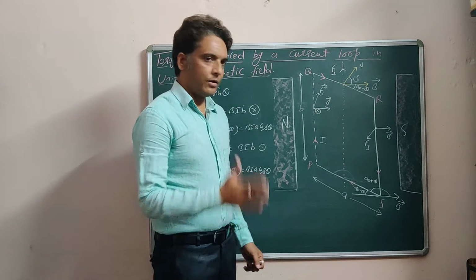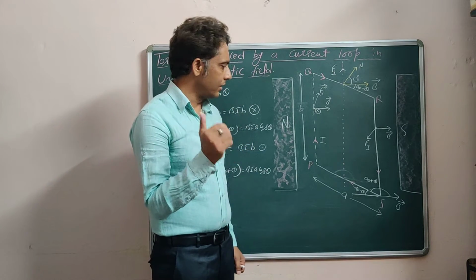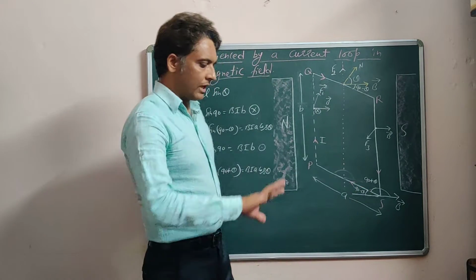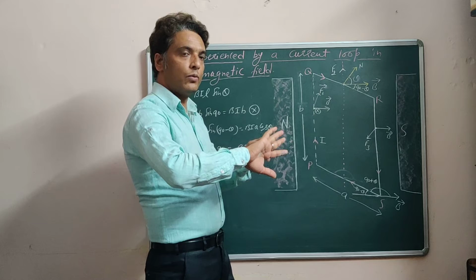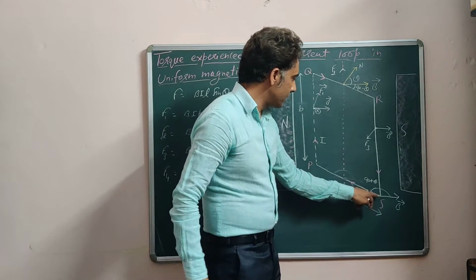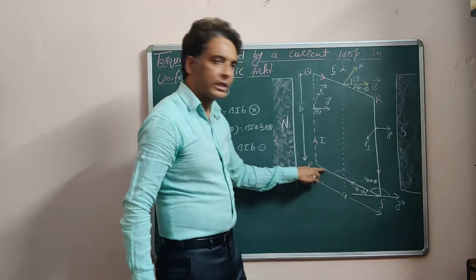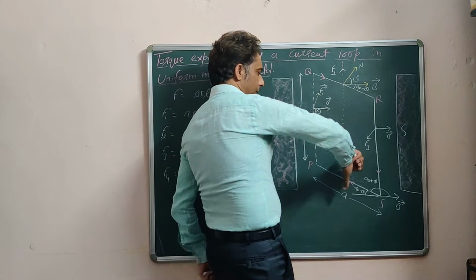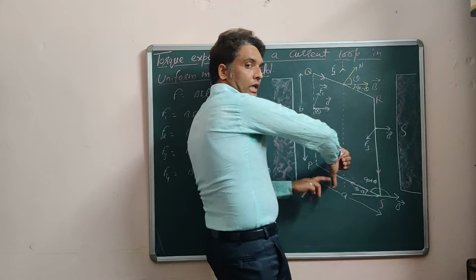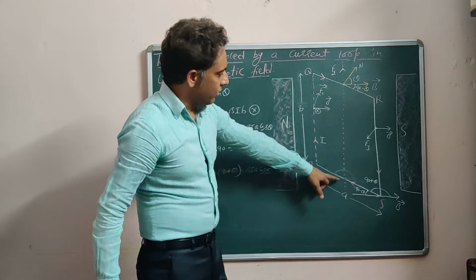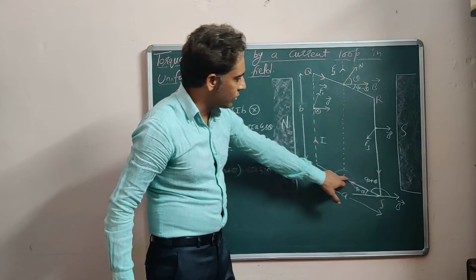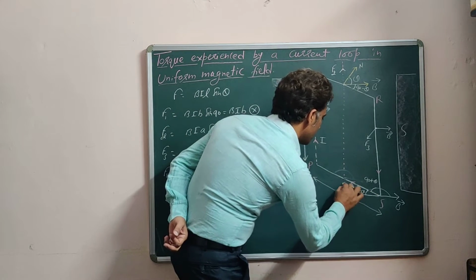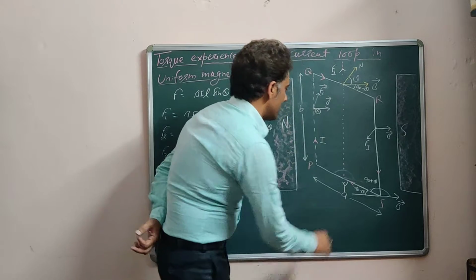Again, if we apply the right hand thumb rule for the direction of force, we have to curl our fingers from L to B. Here L is represented by this SP vector. L means direction of current. So when we apply this, the thumb goes in the downward direction. So the direction of force on this portion SP will be directed downward.